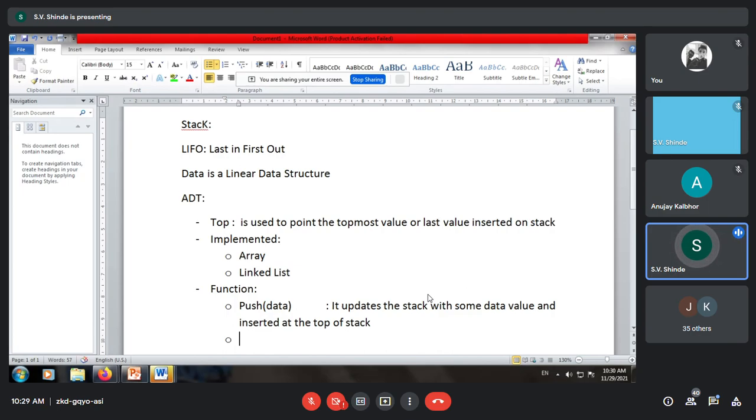Now all these functions we are talking about are custom defined functions. Now next is pop. Over here, pop is going to return some data value. So we say pop is returning a data element.